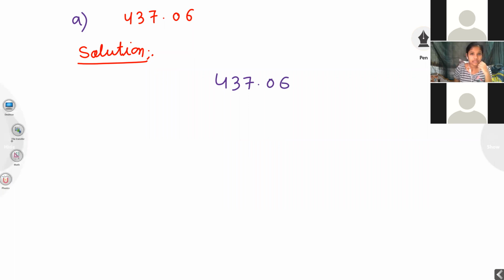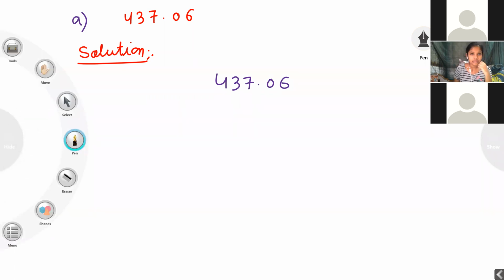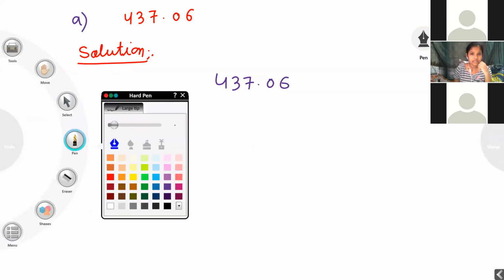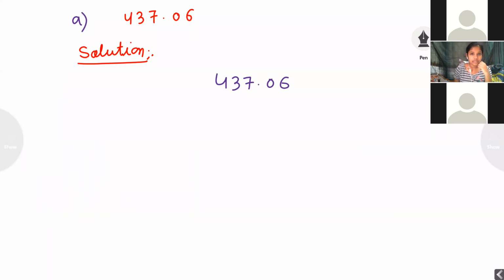Now I want to make pairs: before the decimal from the right side, after the decimal from the left side. 37, 4, and 6. And he's asking, find the square root of 437.06 up to 3 decimal places. After the decimal, 1 place is already over, which means I want to add 0s. This is up to 3 decimal places.